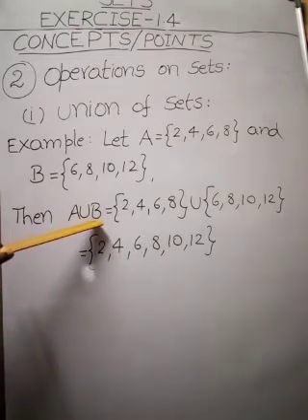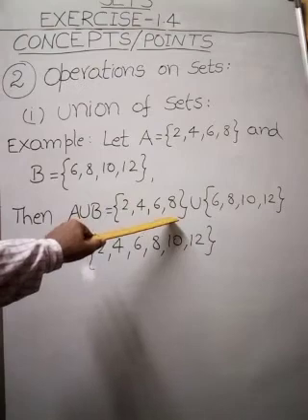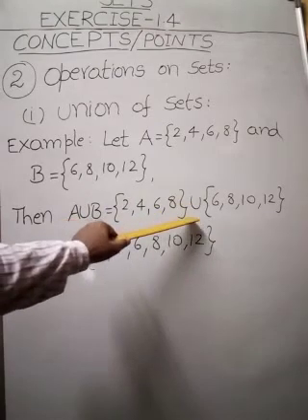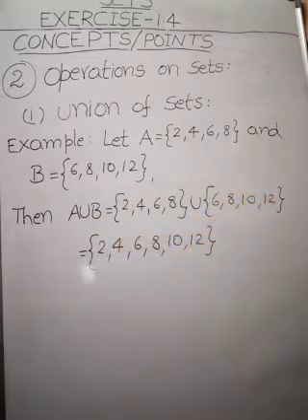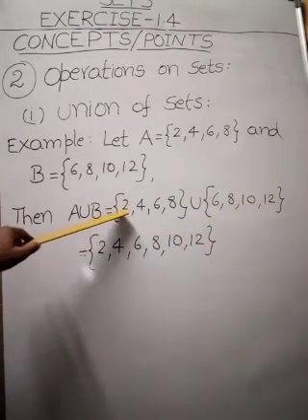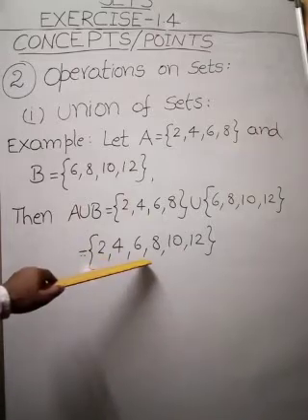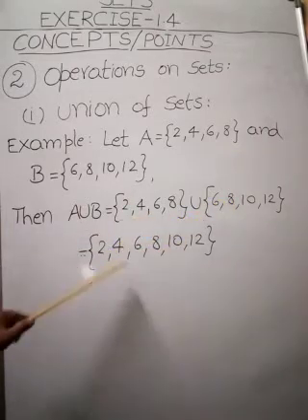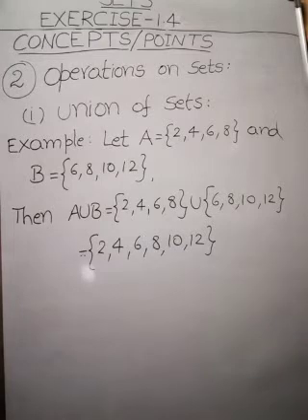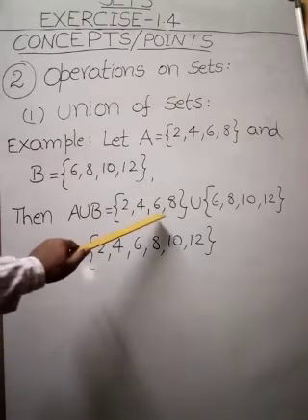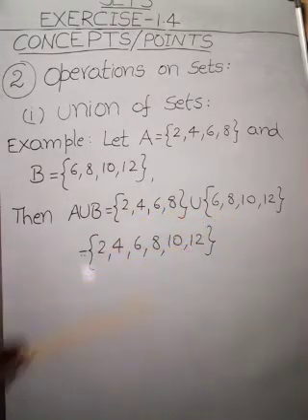Then A union B is equal to, first we write set A elements, then set B elements: {2, 4, 6, 8, 10, 12}. We combine all the elements of A and all elements of B. But you should note that here the elements 6 and 8 are written only once. We are not repeating the elements 6 and 8. We write them only one time. Okay, my dear children, understood this one? Right.